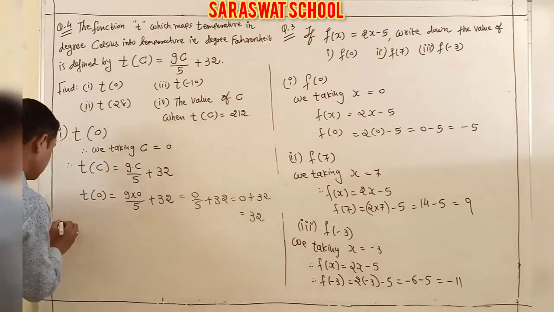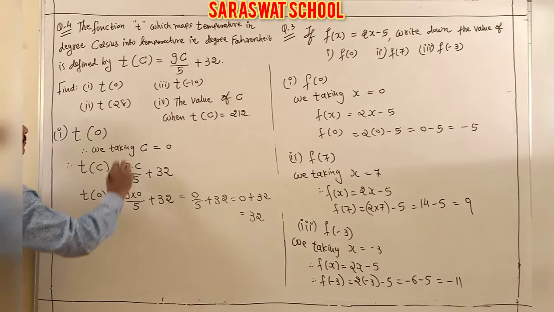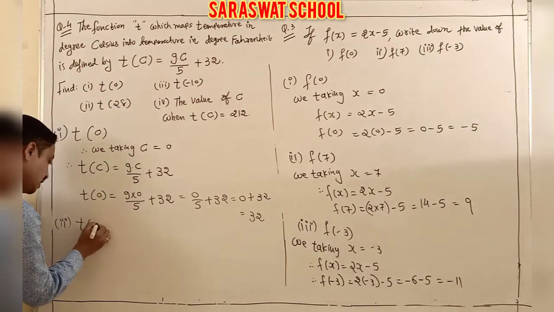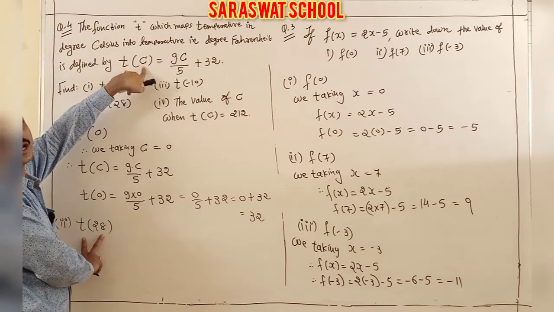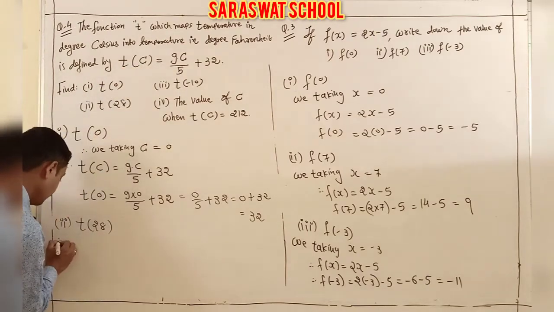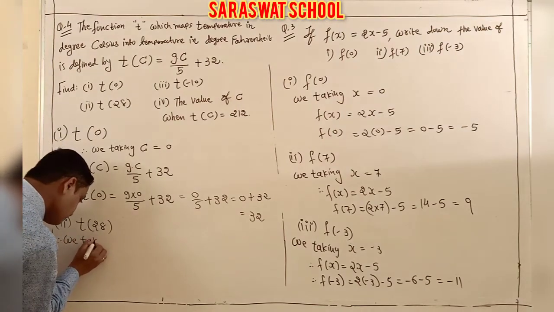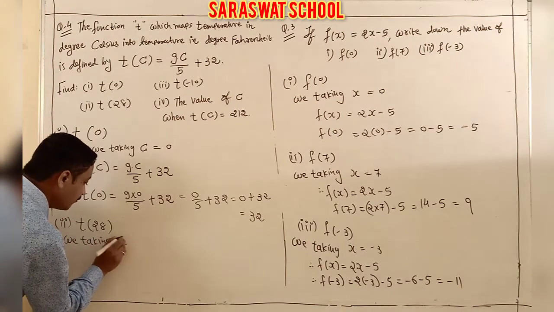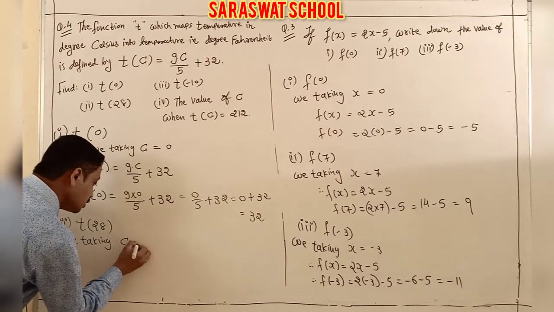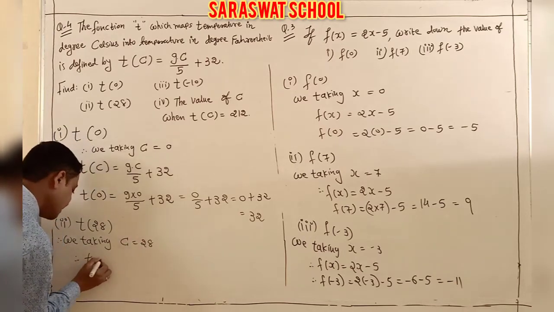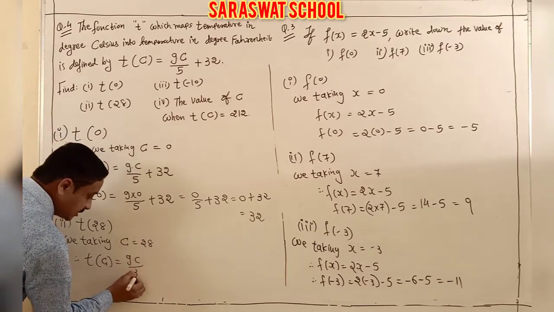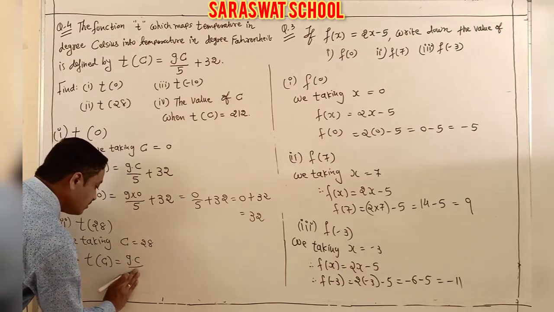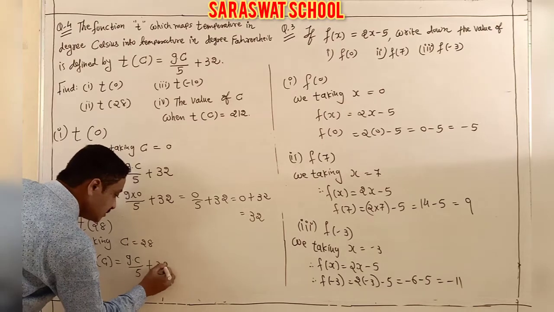The first answer is done: 32. Same as that, I am moving to the second one. My second target is T of 28. Same checking in the formula. C is 28, so we take the value of C equal to 28, and the formula is the same. What is the formula? 9C by 5 plus 32.